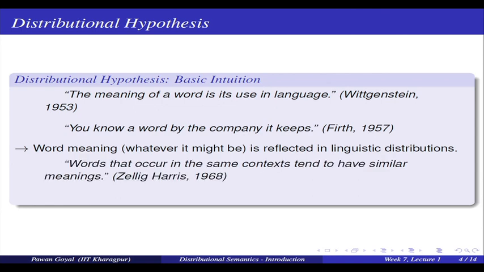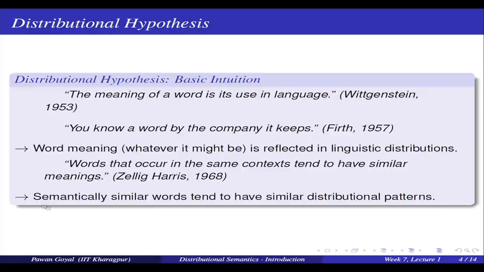Now Zellig Harris in 1968 gave this famous quote that took this idea one step ahead. Words that occur in the same contexts tend to have similar meanings. So now I can talk about two words having similar or different meanings if I can somehow measure their context and capture that.